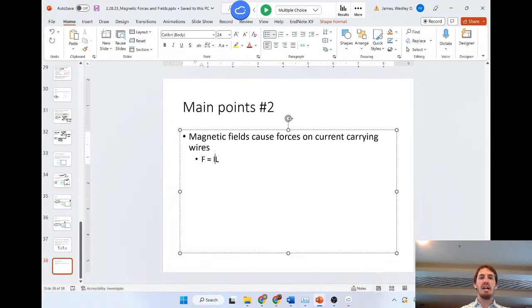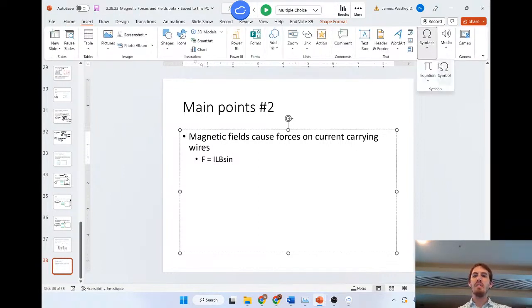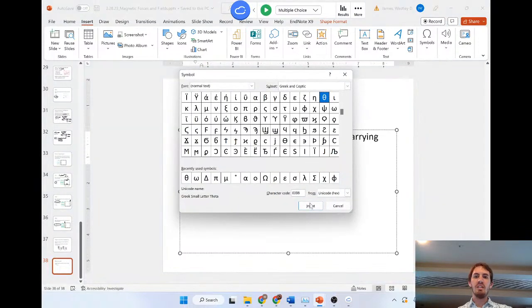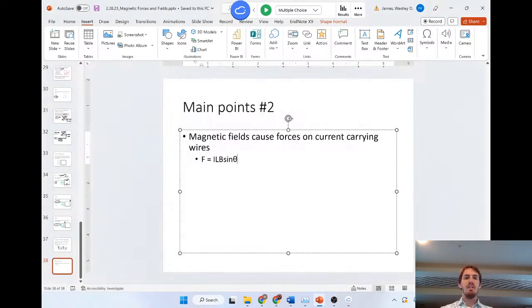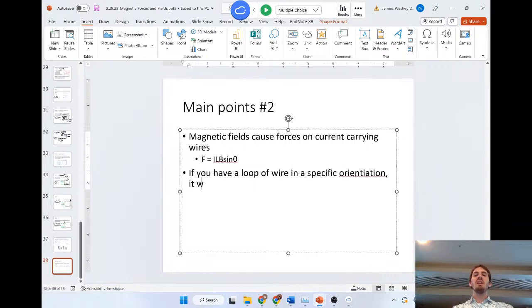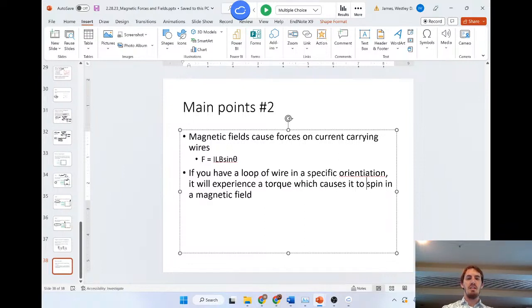F equals ILB sine theta, where theta is the angle between them. We then learned that if you have a loop of wire in a specific orientation, it will spin in a magnetic field. It will experience a torque which causes it to spin.